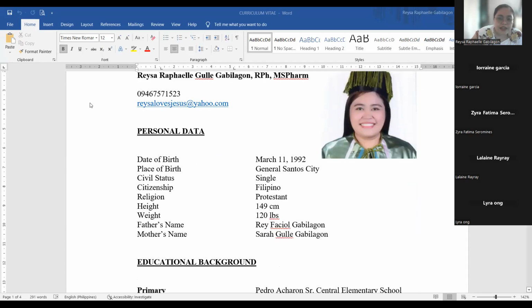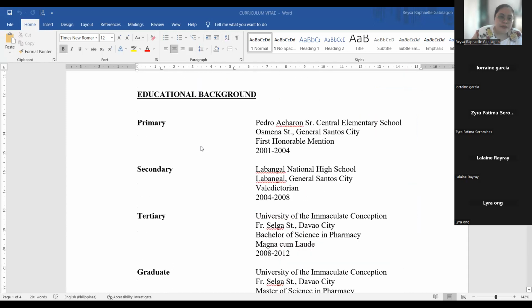Okay, and then next will be the personal data: date of birth, place of birth, civil status, citizenship, religion, height, weight, father's name, and mother's name. And then after that will be the educational background. For you, only up to tertiary for now.